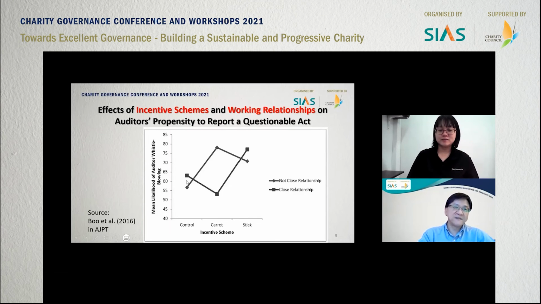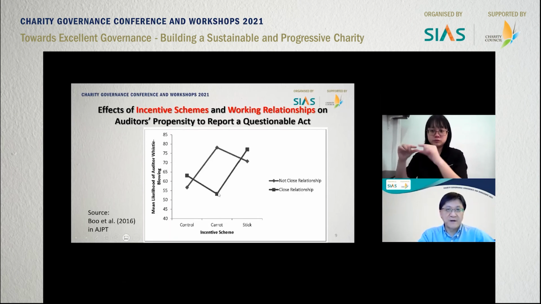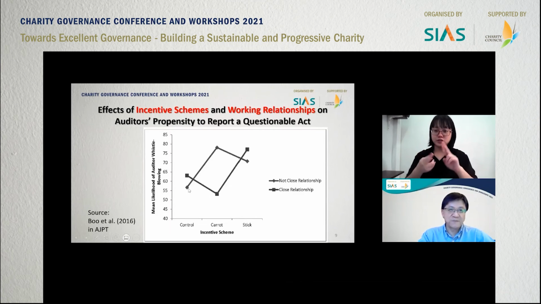All right, you can see that the likelihood is somewhat at a low level, but when they're placed in the reward group, you can see two extreme responses. If there is a presence of close relationship, you can see that it could even be lower than the control group without any incentive scheme.